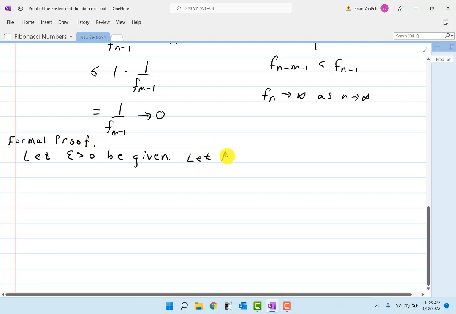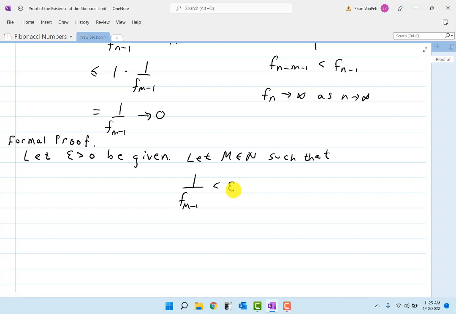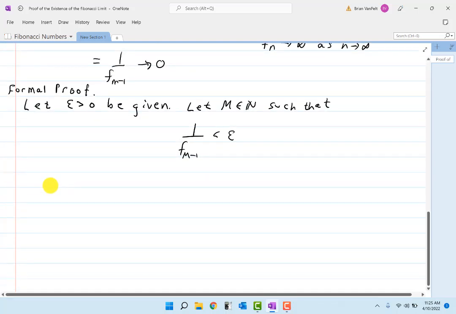Let capital M be a natural number such that 1 over f sub capital M minus 1 is less than epsilon. Since the f_n's go to infinity, this is quite possible. I believe it's referred to as the Archimedean property, but you'd have to check it out if you want the words to it.